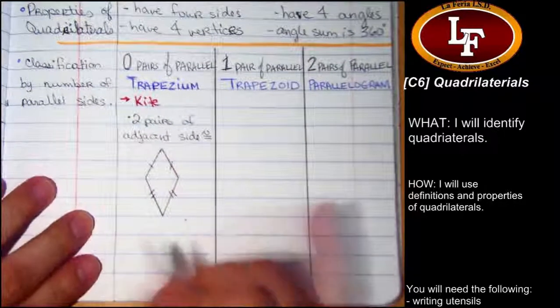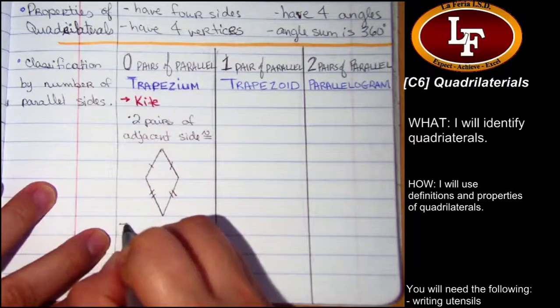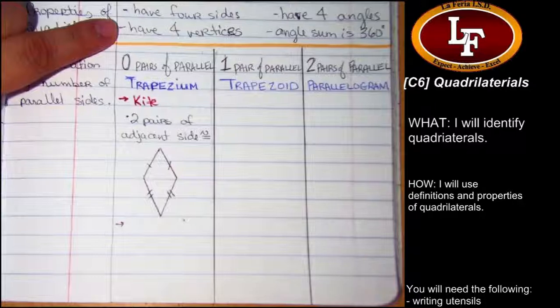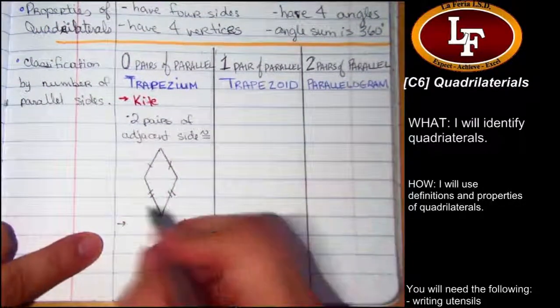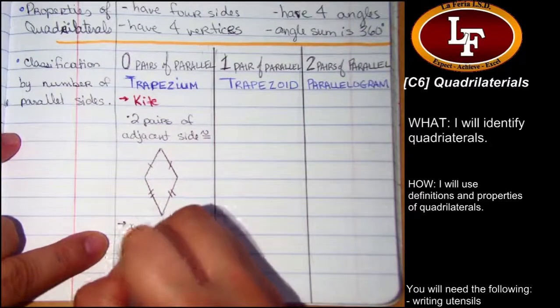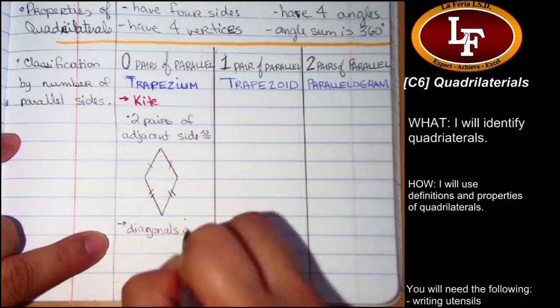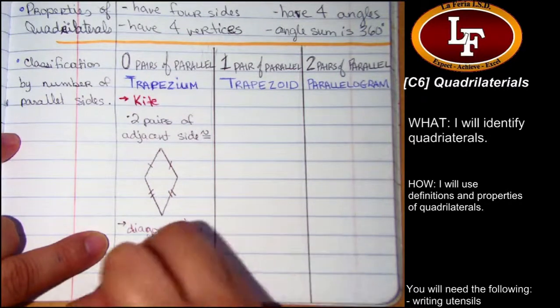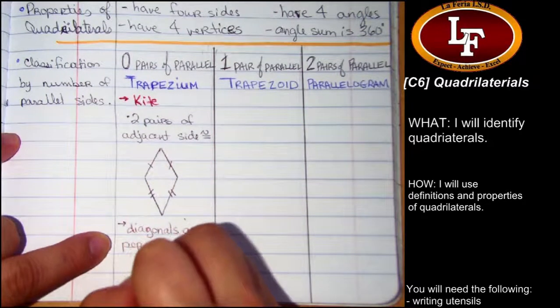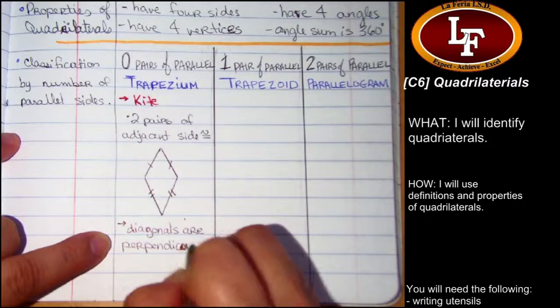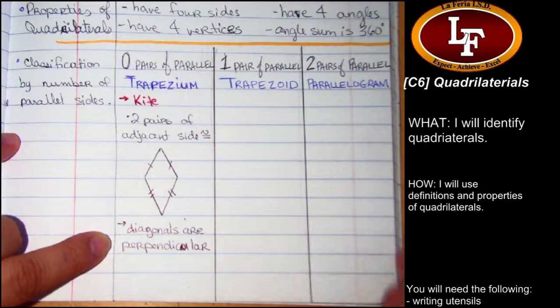These kites have some additional special properties more than just having four sides, four angles, four vertices, and an angle sum of 360. Kites also have their diagonals being perpendicular, which means they're going to intersect at what angle? 90 degrees.